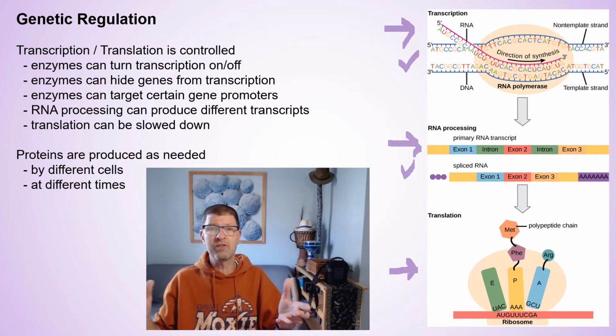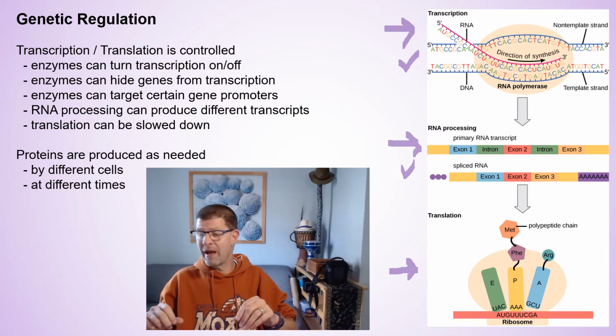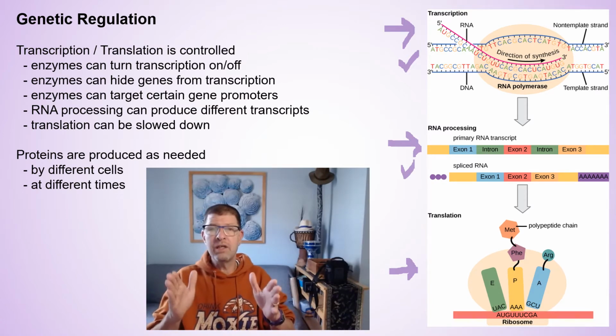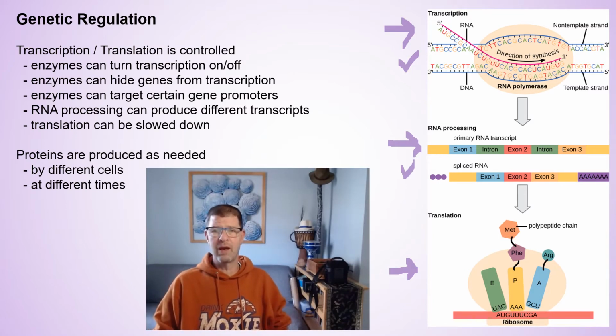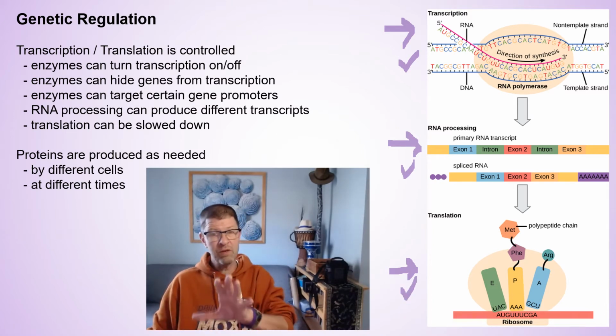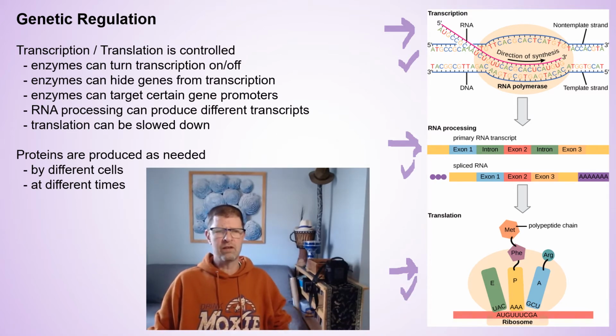It may be possible to actually only translate a little bit of the transcript that's coming out. So these were the 3 places where we could have a little bit of control. And this was, like I said, when I first started teaching genetics.